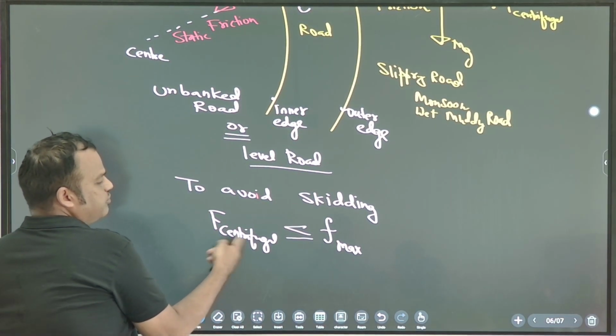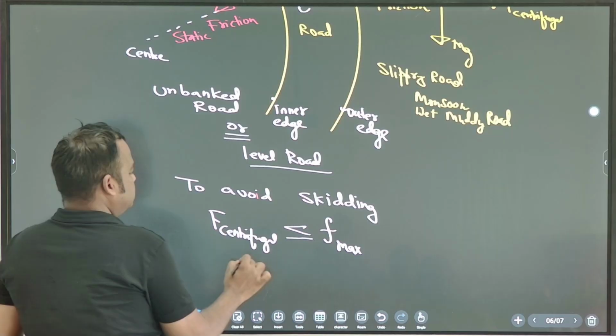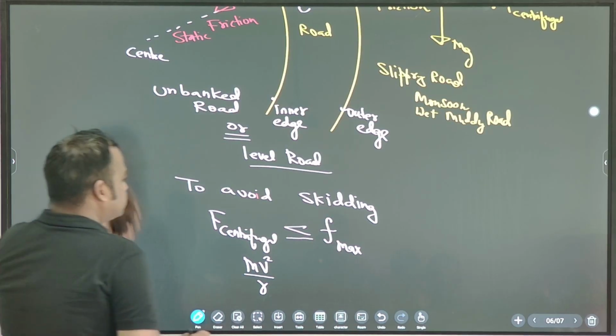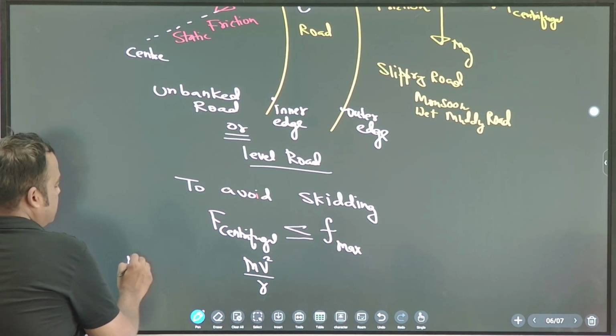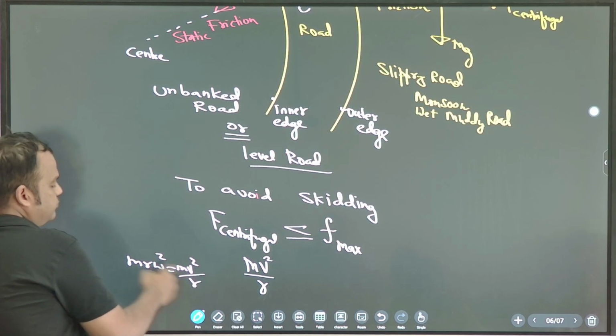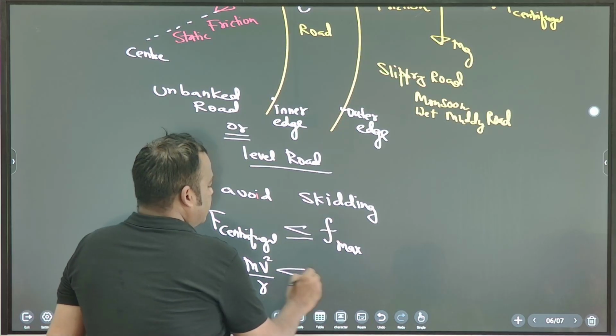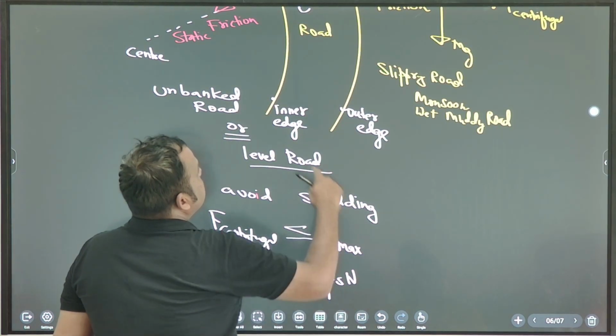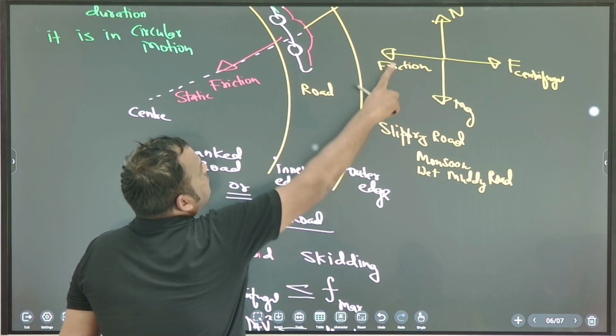Now what is centrifugal force? Formula? mv square by r, or m r omega square. Okay, both are the same. And what is maximum friction? Mu s N, and N is mg.